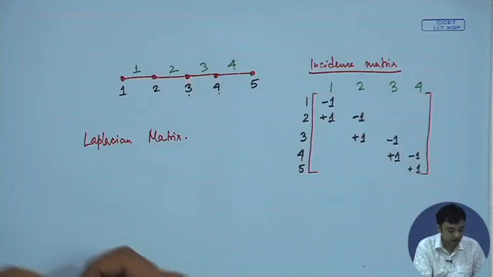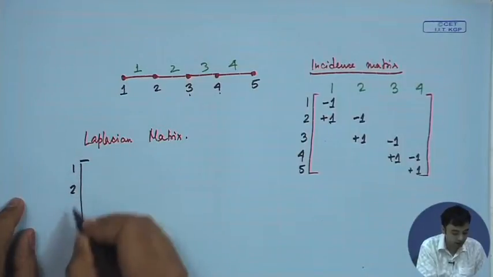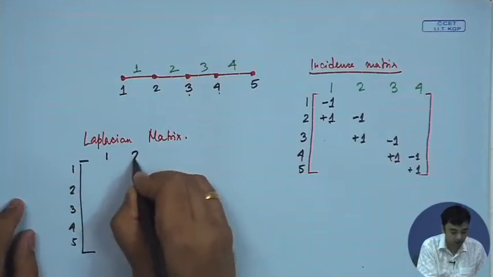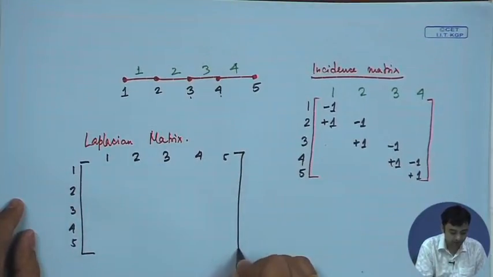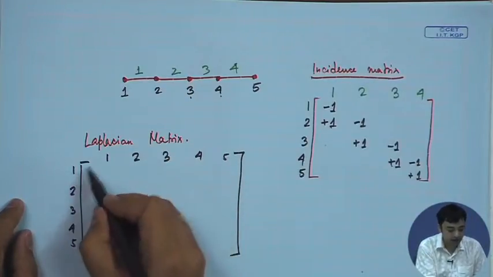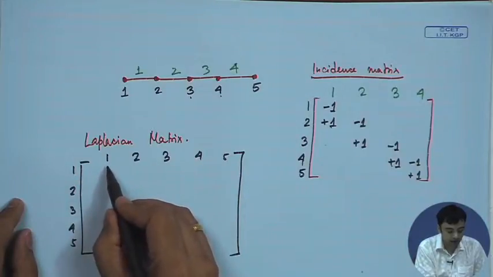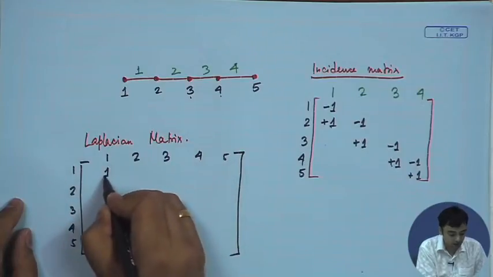As we said, the Laplacian matrix is an n cross n matrix. So, you have 1, 2, 3, 4, 5 and 1, 2, 3, 4, 5. As you see, the diagonal entry is nothing but the degree of the node. So, here the diagonal entry for 1 1 is the degree of node 1, which is 1.